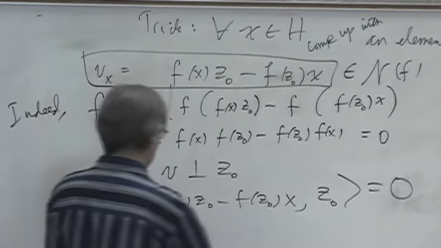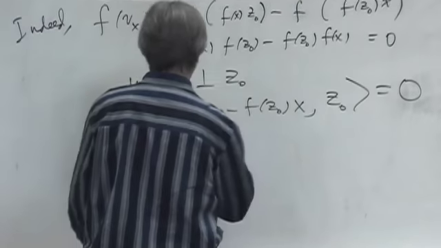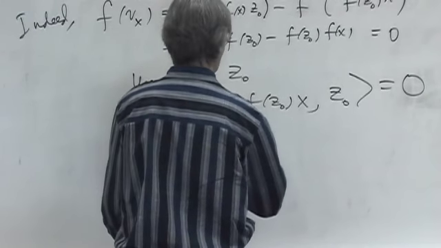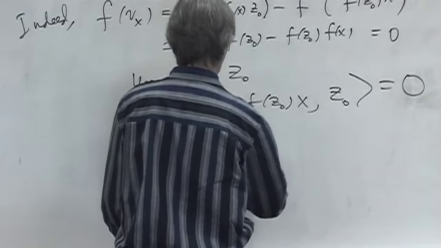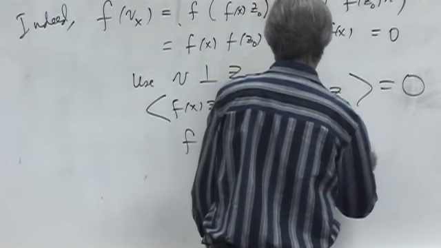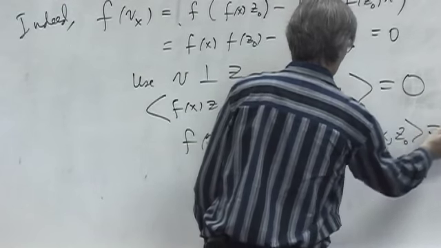And when you write that down, then f of x simply pops out. Okay, so you get a formula for f of x. f of x inner product z naught minus f of z naught inner product x z naught equals 0.